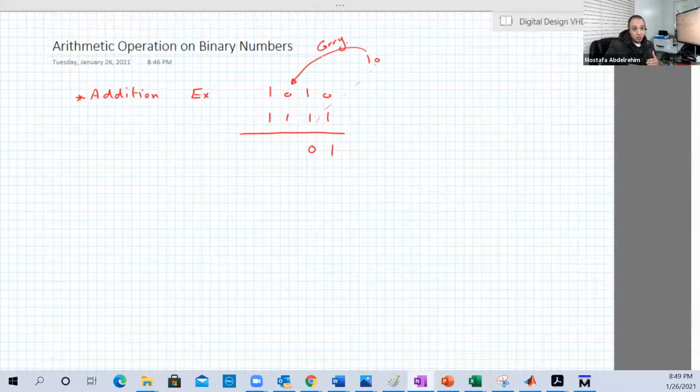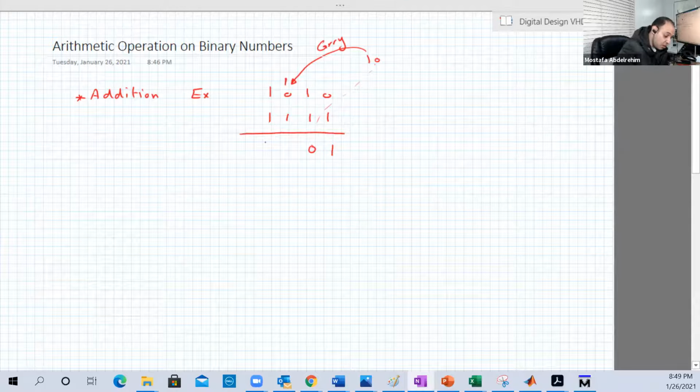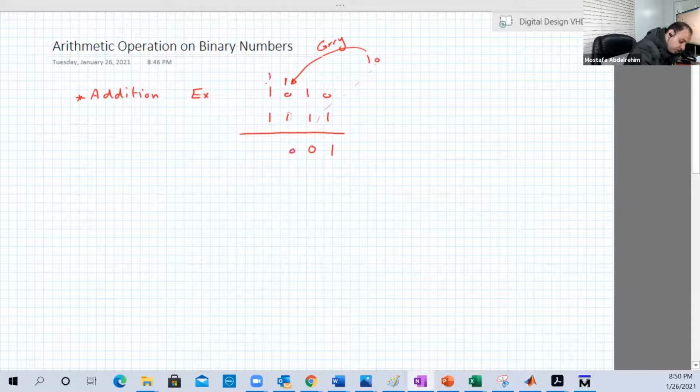If you add two decimal numbers and have a carry, the carry is 10. Here the carry is 1. So then we have this carry here. 1 plus 0 is 1. 1 plus 1, this one here, is 2 again. So 0, and we have another carry of 1.